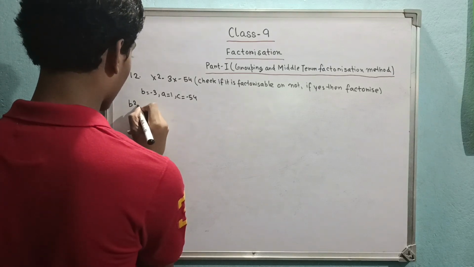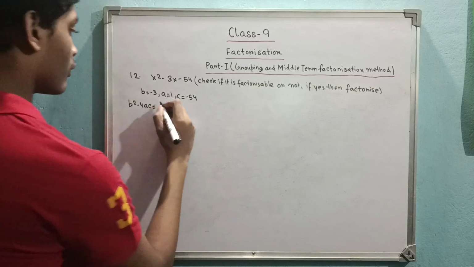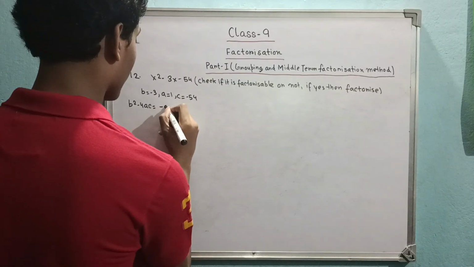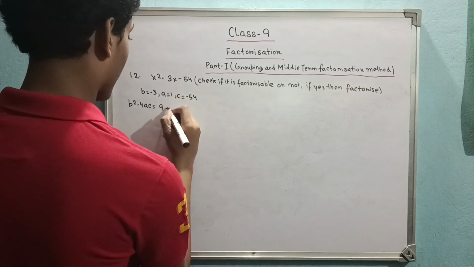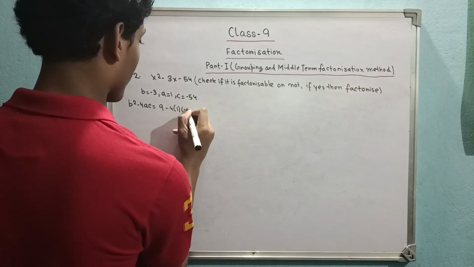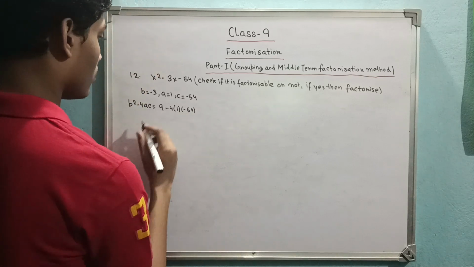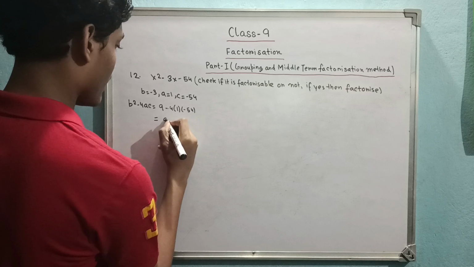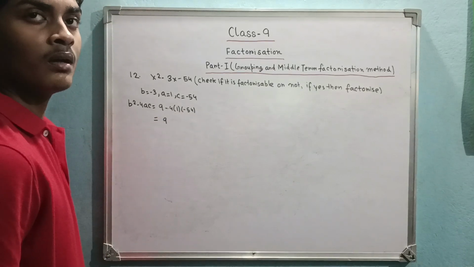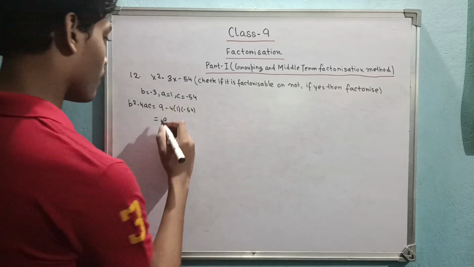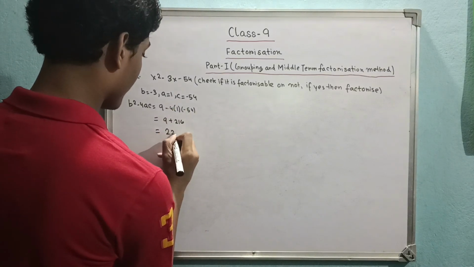Minus 3 square means here 9, minus 4 into 1 into minus 54. So this will be 9, 54 into 4 is 216, and minus minus, so plus 216, which should be equal to 225.